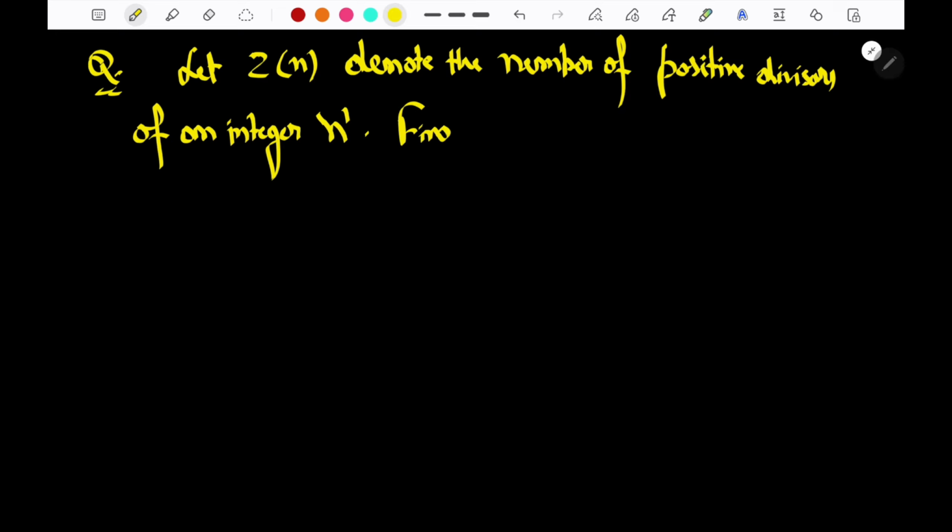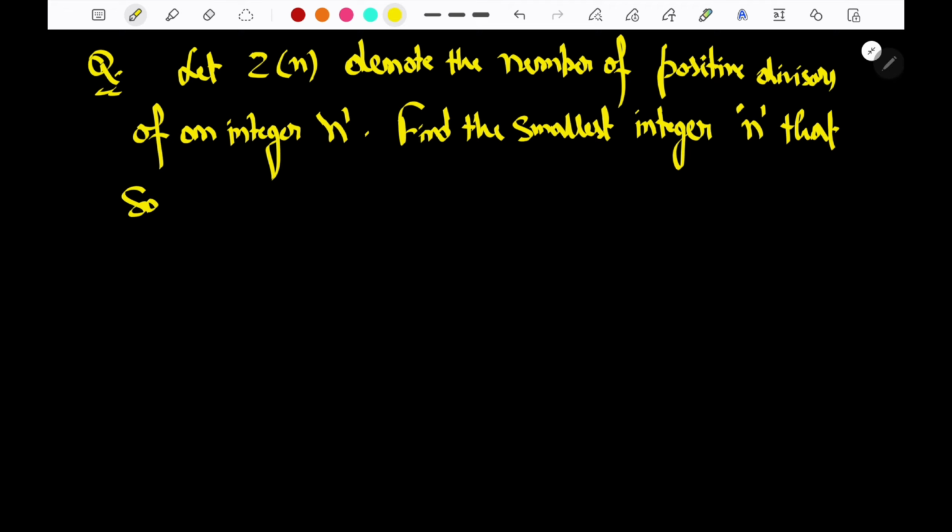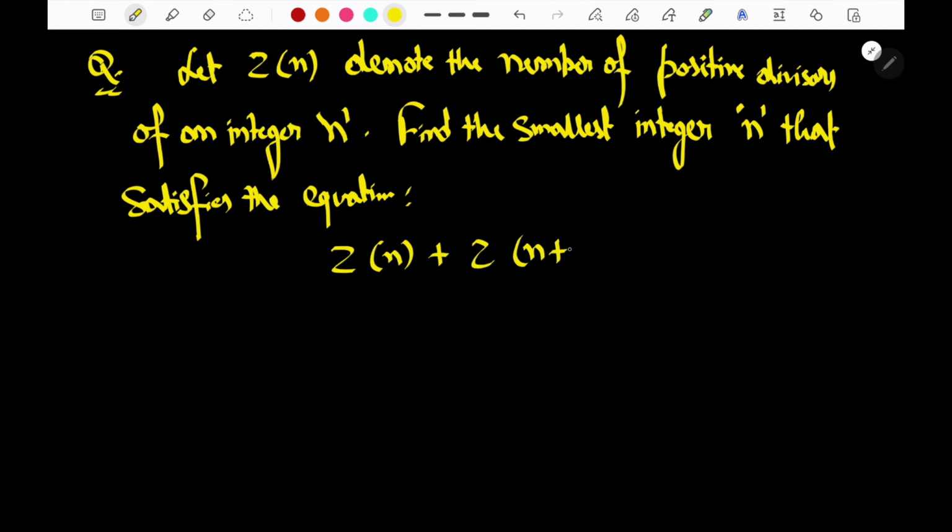Find the smallest integer n that satisfies the equation tau of n plus tau of n plus 1 plus tau of n plus 2 is equal to 10. So how do we do this?